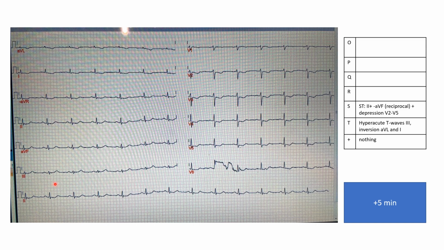Now there's even this small QRS here that can fit into this T wave. I would say this is a hyperacute T wave now. All right, and we have some T wave inversion in aVL as well up here, and in lead 1.